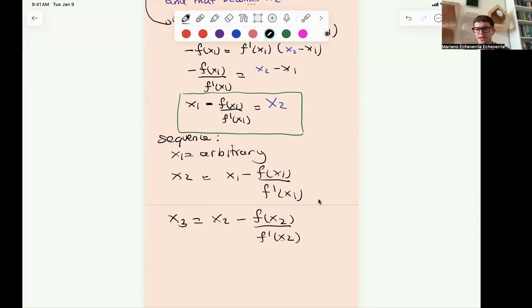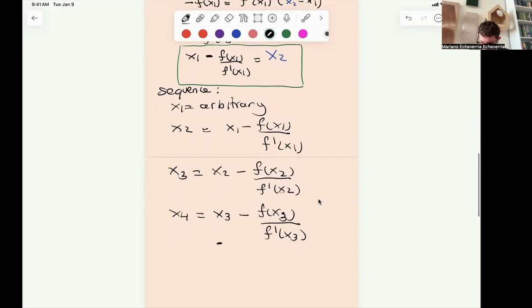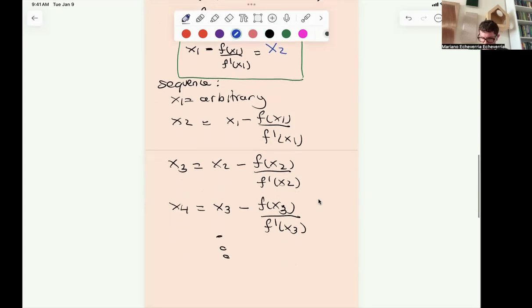And the same goes with x4. What would be x4? It would be x3 minus f of x3 divided by f prime of x3, and you go on forever, for eternity. And so what is the formula for xn?